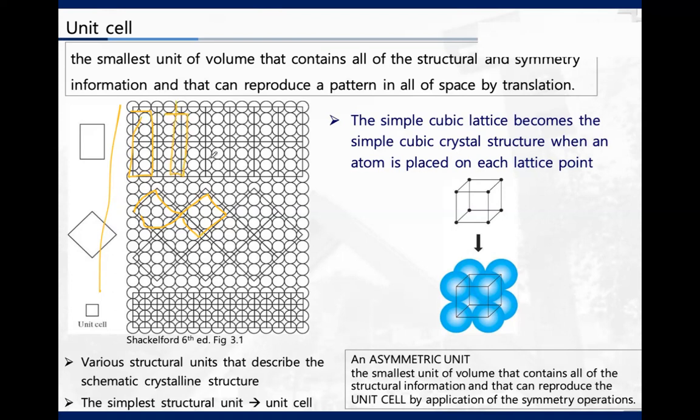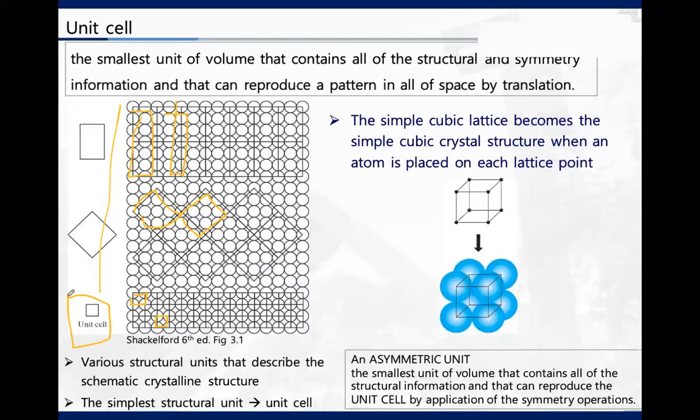And the smallest pattern you can draw is like this. Then you take that smallest pattern as a unit cell. So if you remember this mesh, you can easily locate the unit cell there.